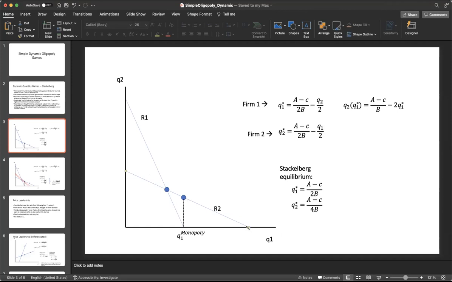This one, where Q1 is literally the highest and firm 2 will produce 0. It could have, but given that it's looking to maximize its own profit and not necessarily its output, the interesting thing here is that it did not do this. It did not produce all the way out here.